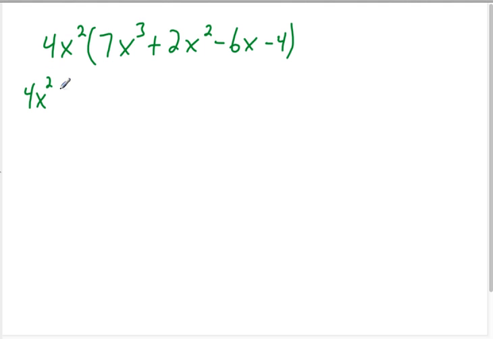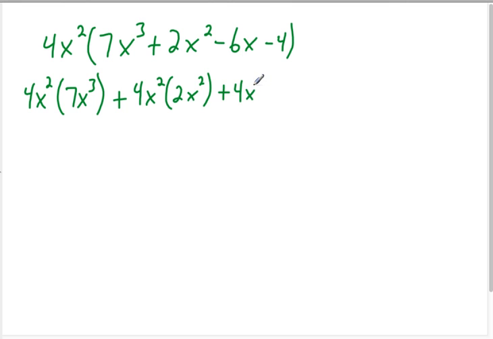So we have 4x squared times 7x to the 3rd, and then we need to do 4x squared times 2x squared, and then we need to do 4x squared times negative 6x, and then we need to do 4x squared times negative 4.